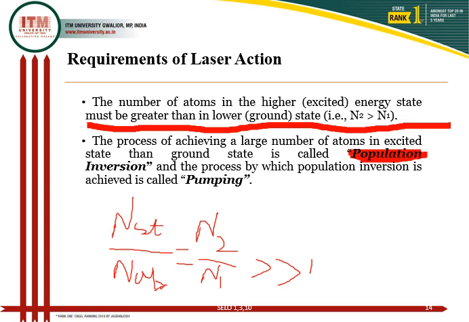Normally this doesn't happen. We want more atoms in the excited state than the ground state. The process by which we do this is called pumping, which we will discuss in detail in the next lecture. But we must know that N2 must be greater than N1 for lasing action. This is the first requirement for lasing action.